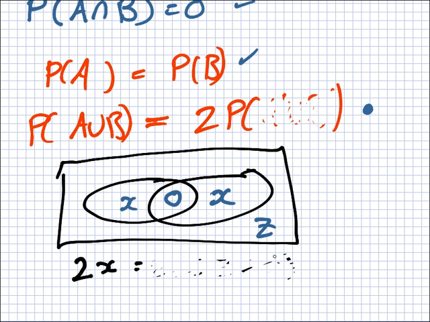A and B are mutually exclusive, that are equally likely to happen, and either of them happening, so that's A or B, is twice as likely as neither of them not happening.